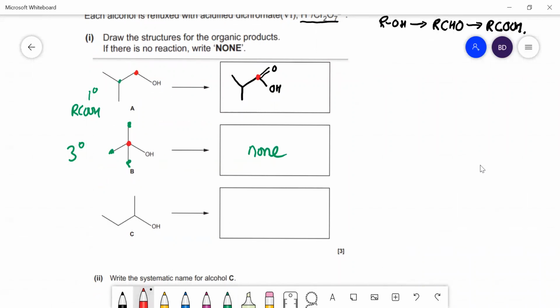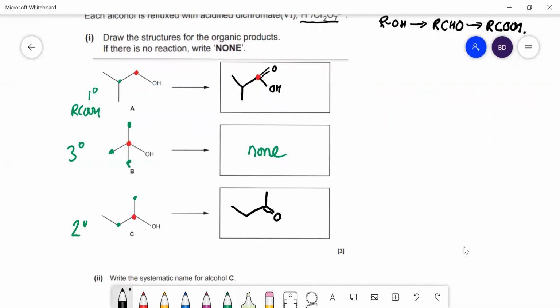The carbon to which the OH is attached is attached to two others, that one and that one, so it's a secondary, so that's going to be oxidized to a ketone. We keep the carbon skeleton the same, but that alcohol gets oxidized to a ketone. Okay, that is the products, that's the answer to that.